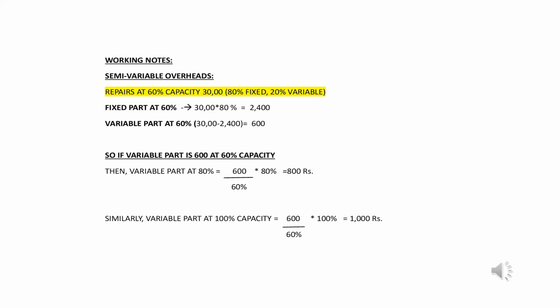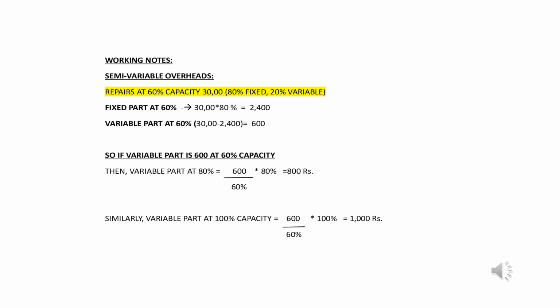In the same manner, we can calculate for repairs as well. As given in the question, repairs at 60% capacity is 3,000 rupees. Out of that, 80% is fixed. That means 2,400 rupees is fixed at 60%. So the variable part that remains at 60% capacity is 600.